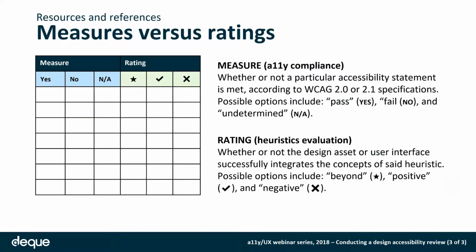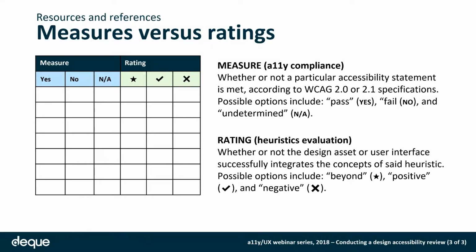So yes could be considered pass, no could be considered fail, or failing a success criterion, and not applicable is usually either a matter of something just not applying, or it's undetermined in the context of a mock-up or a wireframe, because a lot of the different things that we look for in accessibility are based on source code.